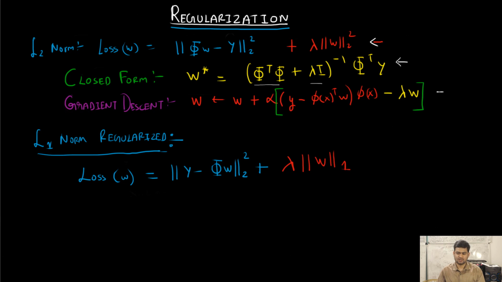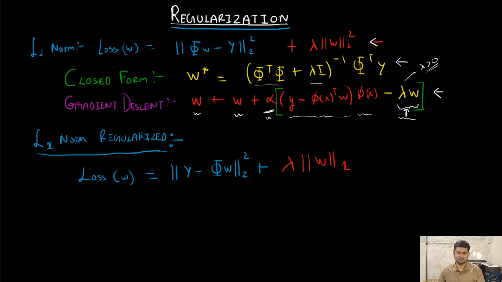We also saw that if we want to use a gradient descent algorithm, then the update equation is W new is equal to old W plus alpha, which is the learning rate, times (Y minus phi of x transpose times W) times phi of x, minus lambda times W. So the effect of L2 regularization is that with every update, the magnitude of W will keep on decreasing, where lambda is greater than 0 and alpha is some small learning rate for our gradient descent algorithm.